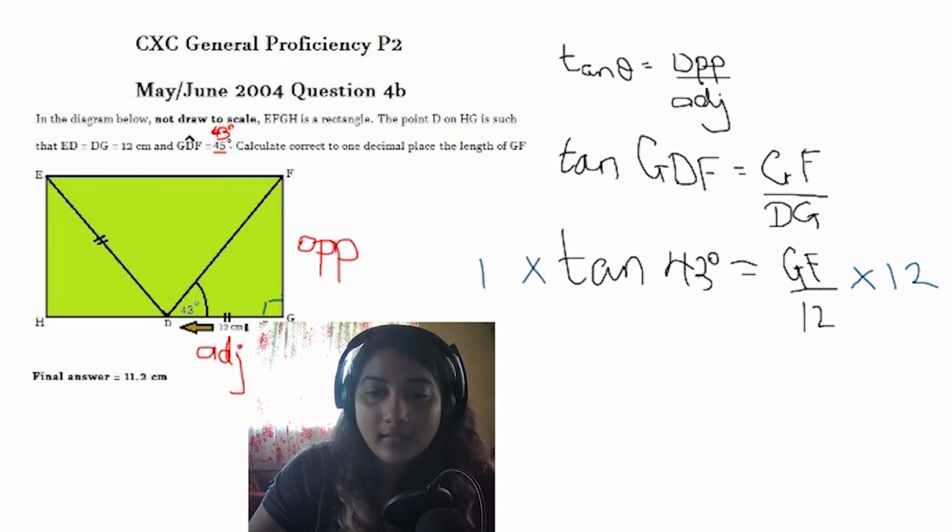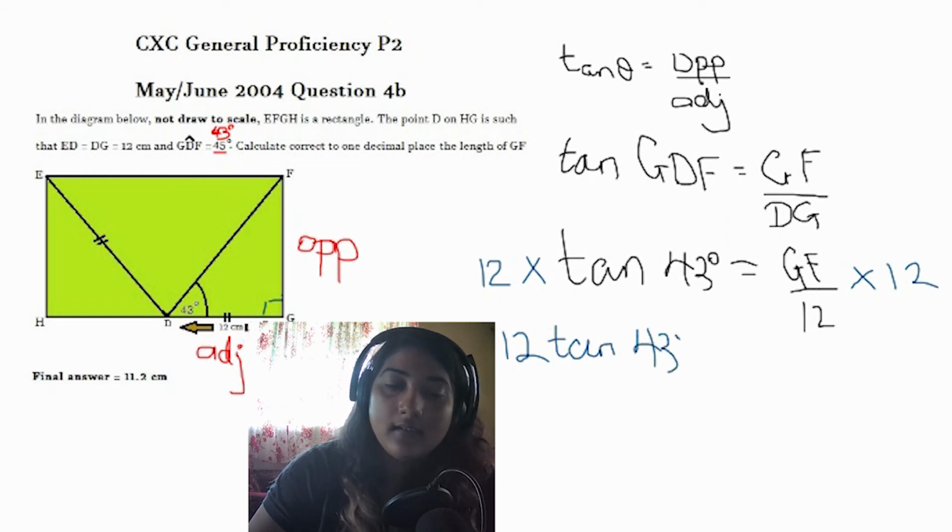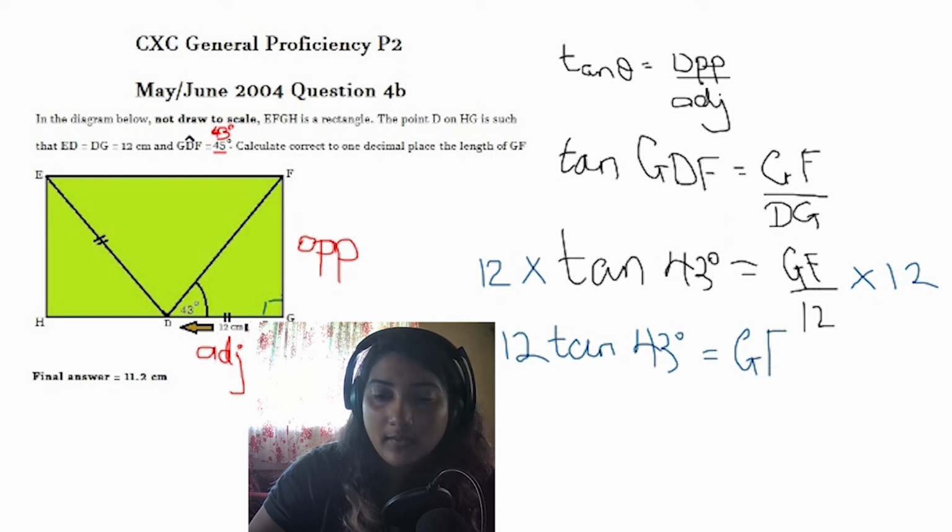This gives me 12 tan 43 in my next line. Alright, and for the right hand side, those 12s cancel off, leaving me with GF. That's correct.